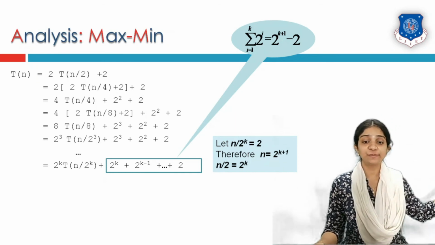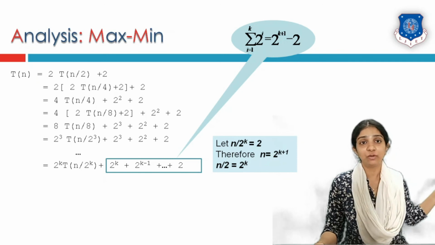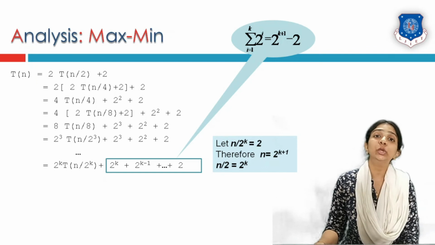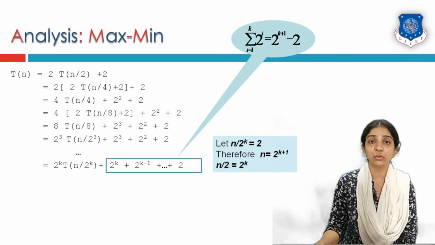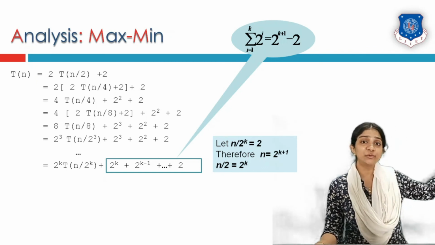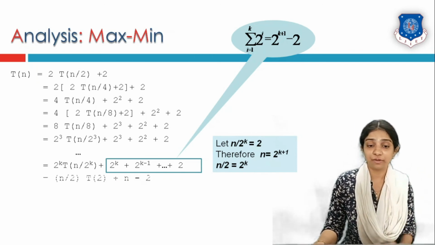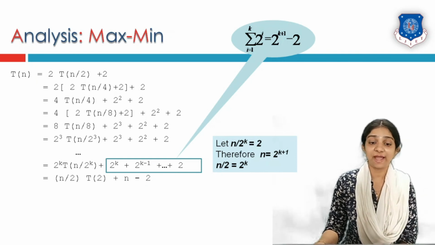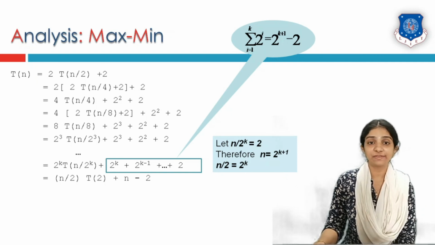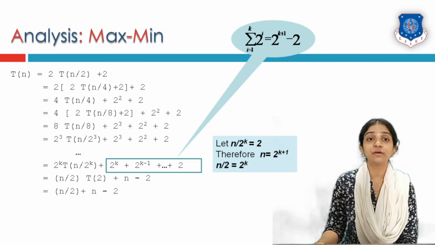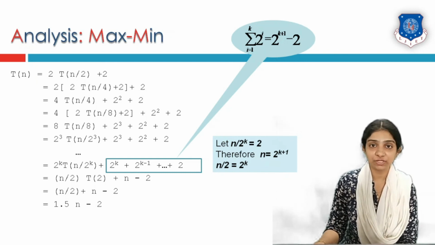So in place of this complete summation, the direct substitution will be 2 raised to k plus 1 minus 2. But instead of 2 raised to k plus 1, we can directly substitute n. So our equation would appear as n/2 T(2) + n minus 2. So this will be evaluated as 1.5n minus 2.